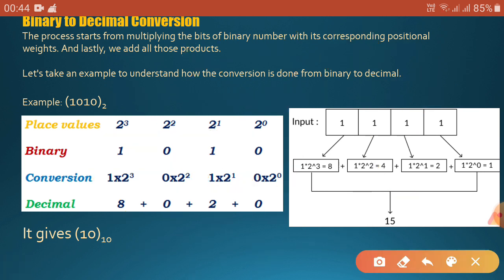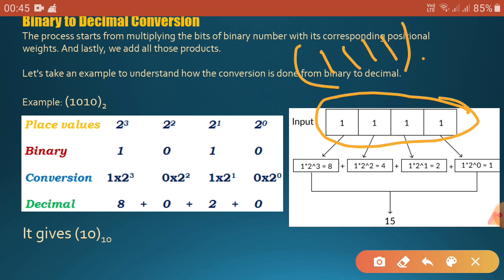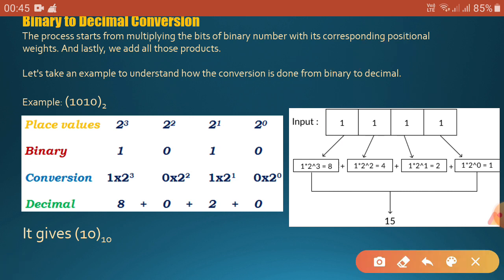Okay, we are taking another example. Suppose the binary number is 1111. We have to convert 1111, where the base is 2 because it is in the binary number system, into the decimal number system. The first procedure is to write down the positional weights or place values.